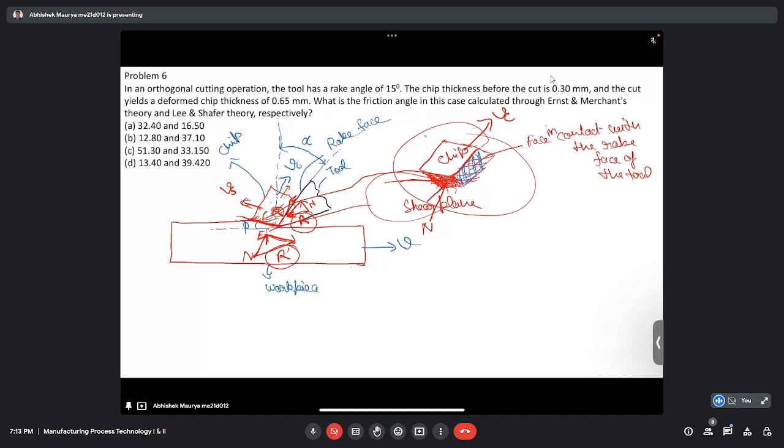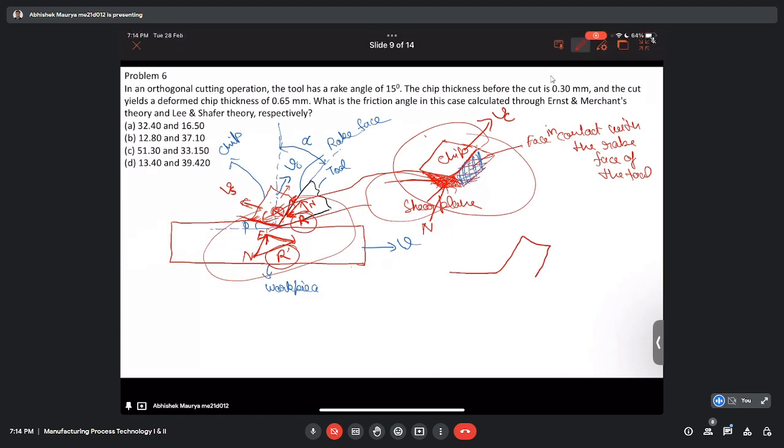So now what I am doing, I am trying to plot these two force diagrams at the same point. So again, quickly I will show. This is the workpiece, this is the chip, and here we have the tool.